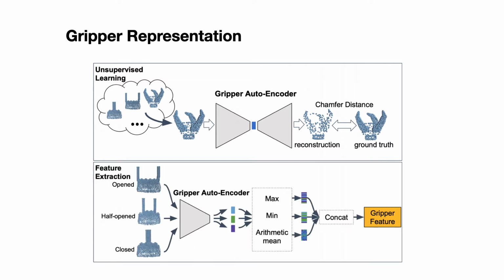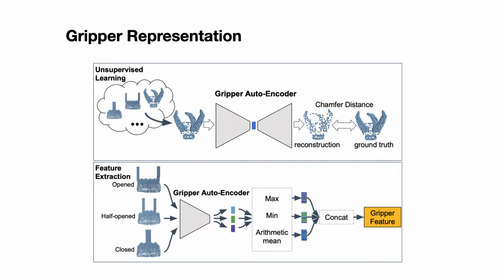To describe the kinematics of the gripper, we first generate the gripper point clouds in configurations at the joint limits. Take the two-fingered Sawyer gripper, for example. We generate point clouds of the Sawyer at its maximum and minimum joint values, denoted as open and closed, together with the point cloud of the half-open configuration.